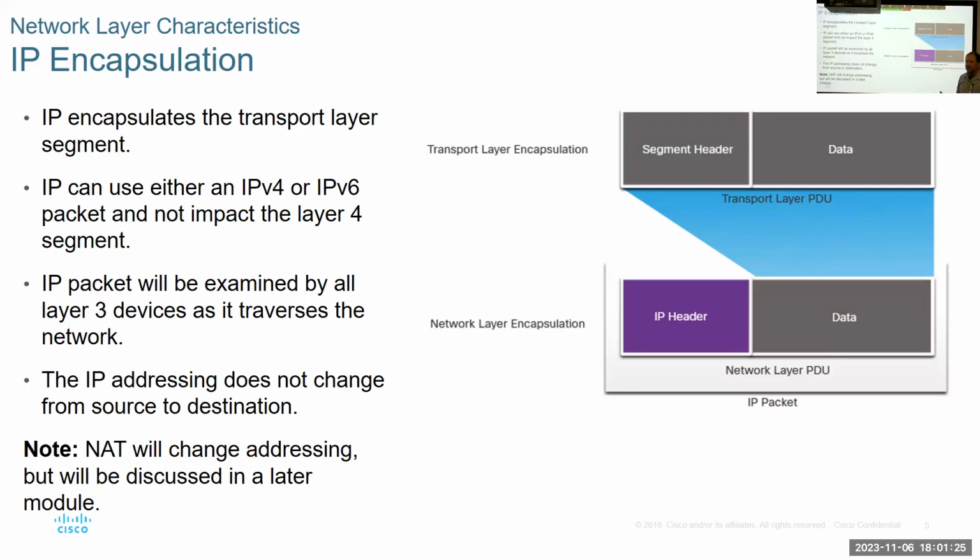And then DNS is another one. DNS maps host names to IP addresses. And now, again, it's storing an IP address that's 128 bits versus 32. So DNS is an application layer protocol and had to be modified to accommodate IPv6.